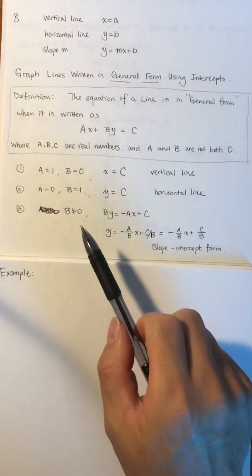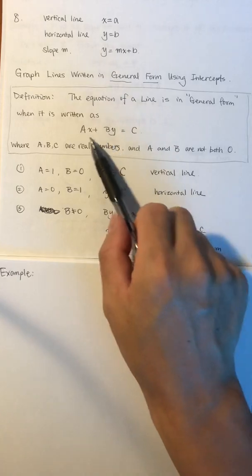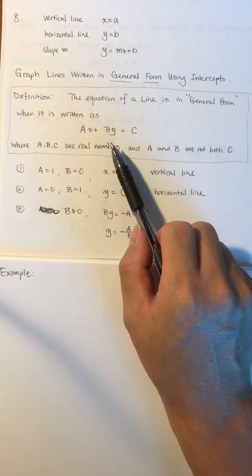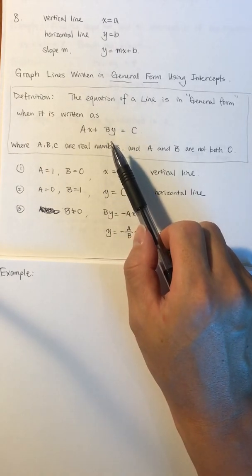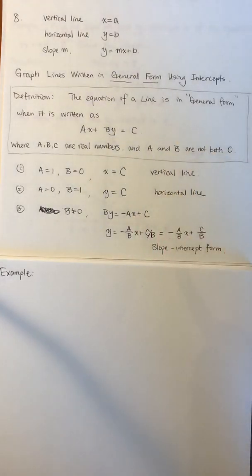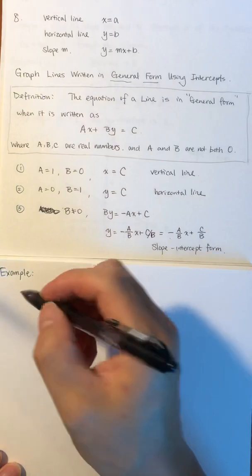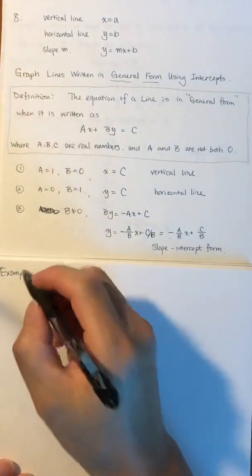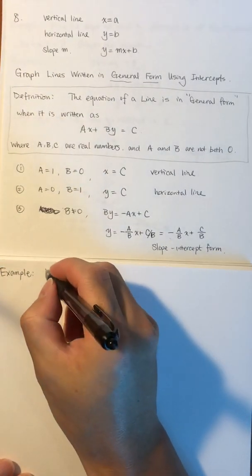But when we talk about general form, we can't directly read the slope and the intercept. We have to do a little bit of computation. Okay, so let's see, this is how we do the computation.